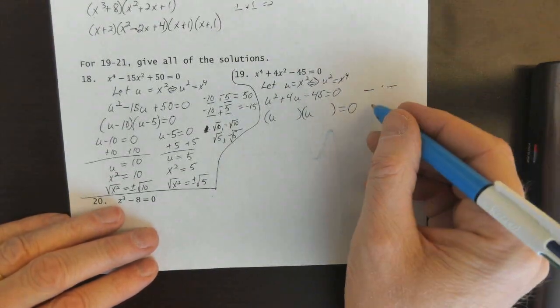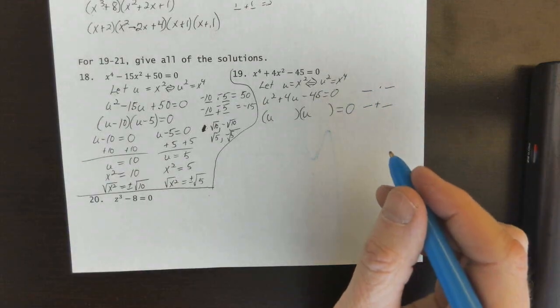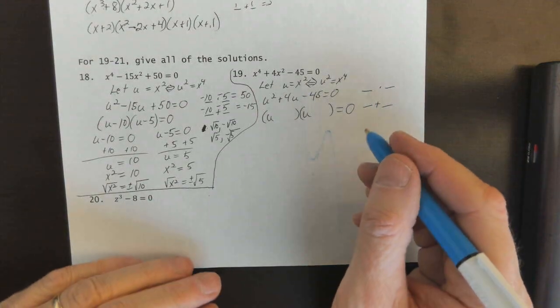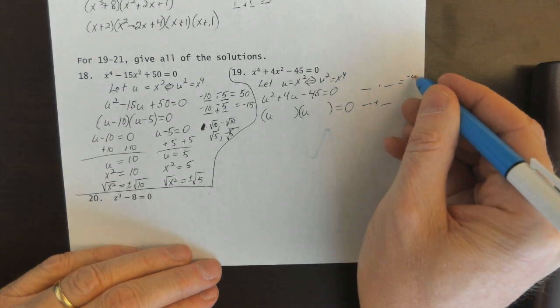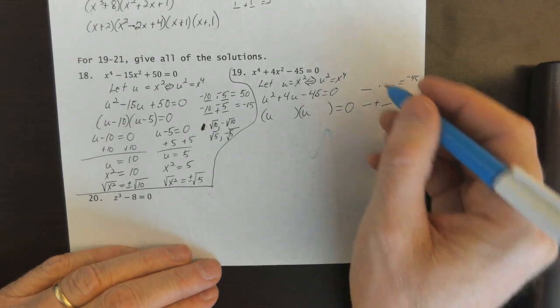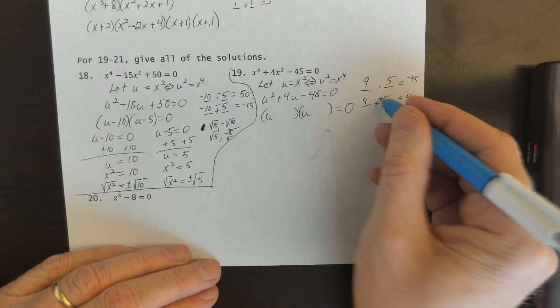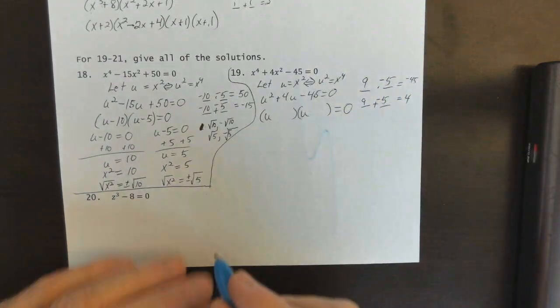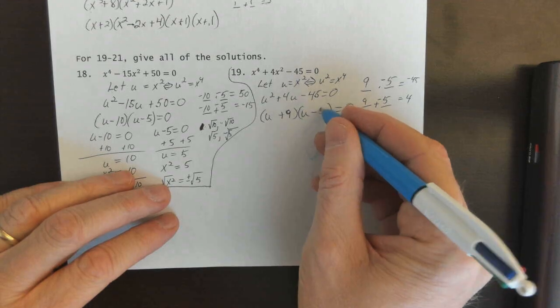If I don't know the factors, I'm going to use the quadratic formula. I need negative 45 here. I need positive 4 here. 9, 5, positive 4. So that's negative 5. 9 times negative 5. Let's go u plus 9, u minus 5.